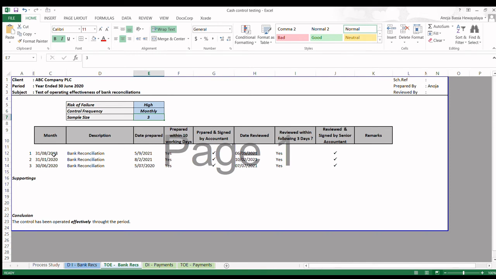So I have tested August, January and June reconciliations, and then I have tested whether this was prepared within 10 working days, prepared and signed by accountant, yes, and then date reviewed within the following 3 days, yes, and reviewed and signed by senior accountant, yes. So this has been operated effectively throughout the year. That is our conclusion on this control.